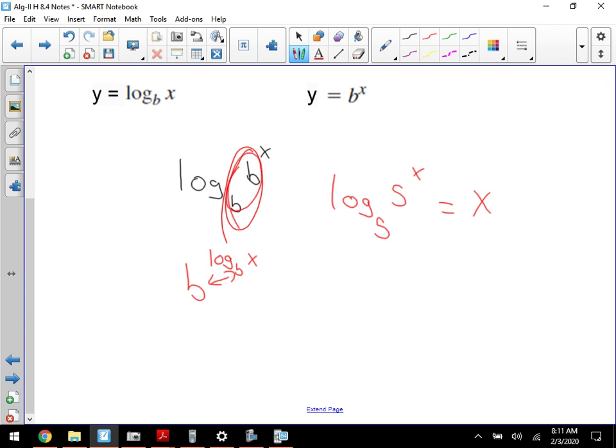For example, if I say log base 2 of 8 to the x, I can't undo that at all because the bases aren't the same. So you'll ask yourself, how do you rewrite an 8 in base 2? It's 2 to what power? Third. So this is the same thing as saying log base 2 of 2 to the 3x. Do these bases undo each other? Yes, so it would simplify out to equaling 3x. That's the kind of stuff that we're going to work towards.